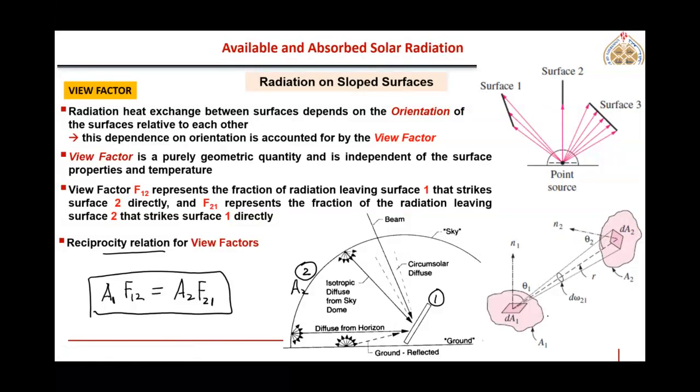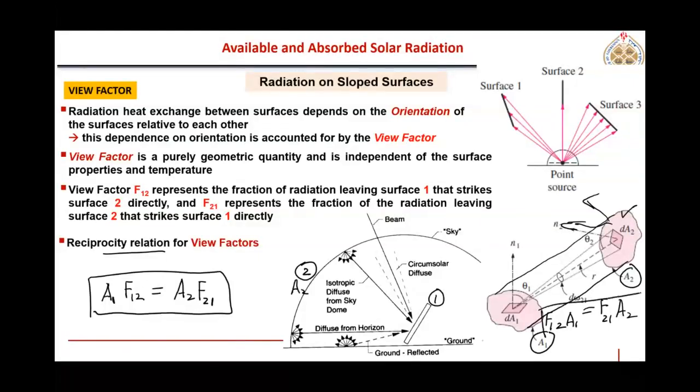Like here, this is A1. So here I can write view factor from 1 to 2 multiplied by A1 will be equal to view factor from 2 to 1 multiplied by A2. This is surface 2, and the part of radiation which is reaching surface 1, because this part is not reaching surface 1. So F2 to 1 multiplied by A2 will always be equal.